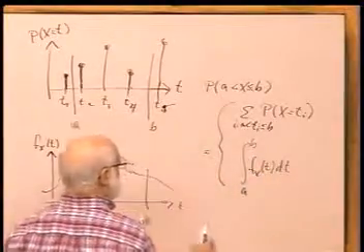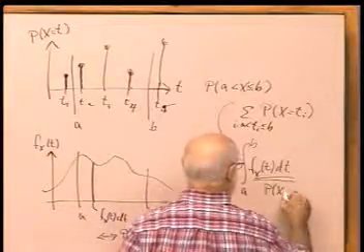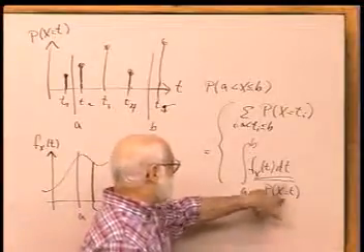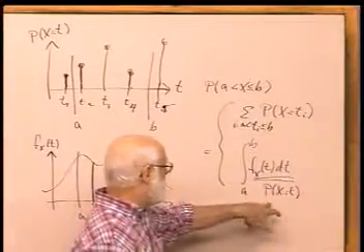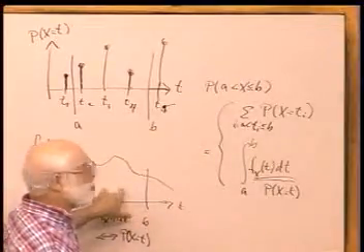So this is a direct analogy. This thing here can be interpreted as the probability that x equals t, even though that's 0. But I have an uncountably infinite number of zeros, and I add them up. That is, I take the area under that curve, and that gives me the probability.